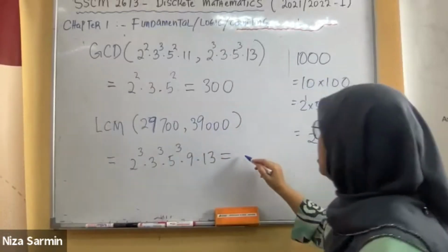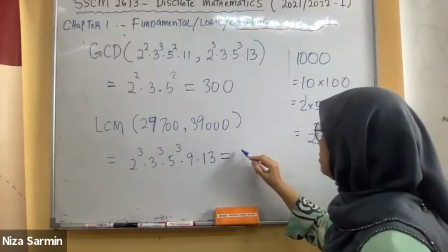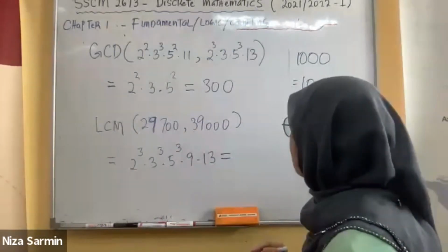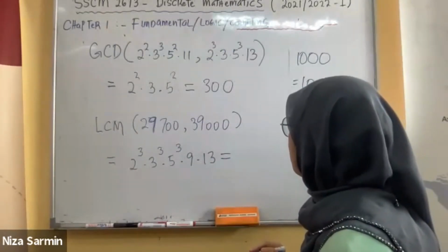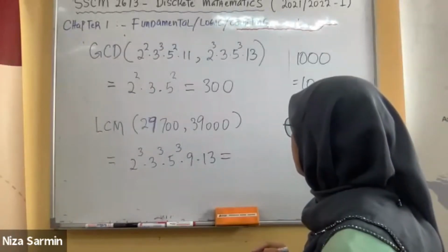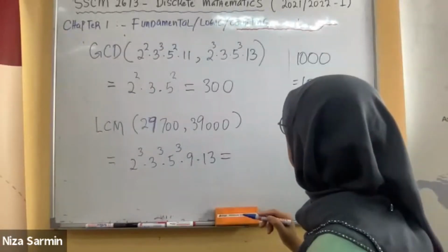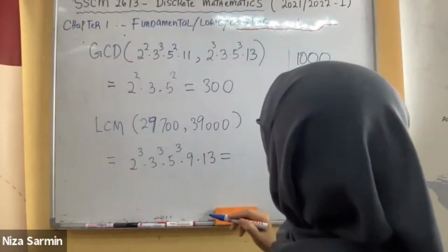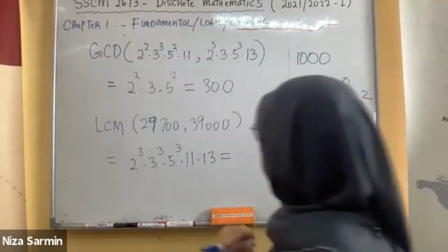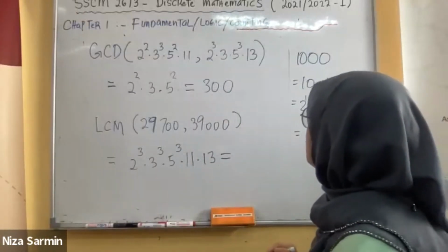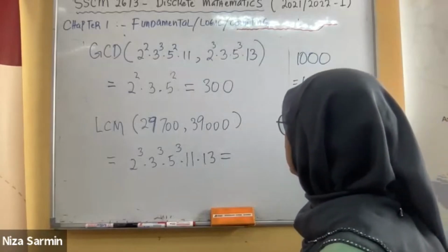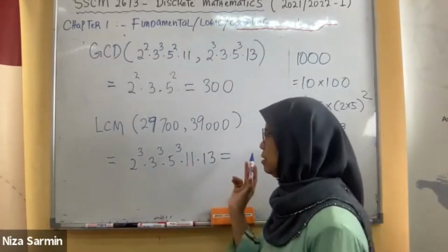Okay, now this? The 9 should be 11, right? Yeah. Correct, correct. Okay. Answer?